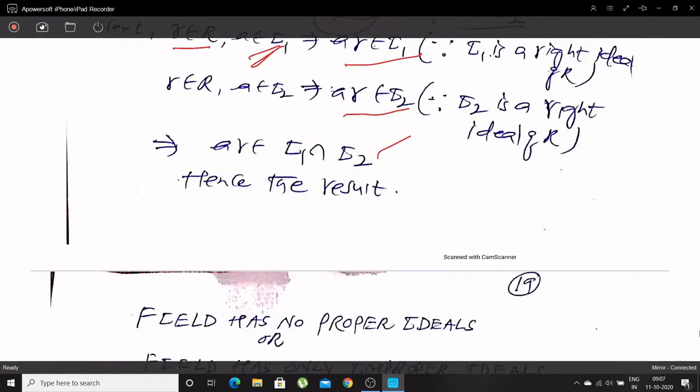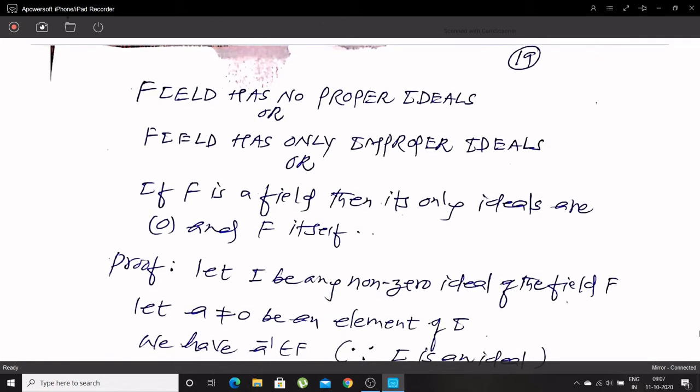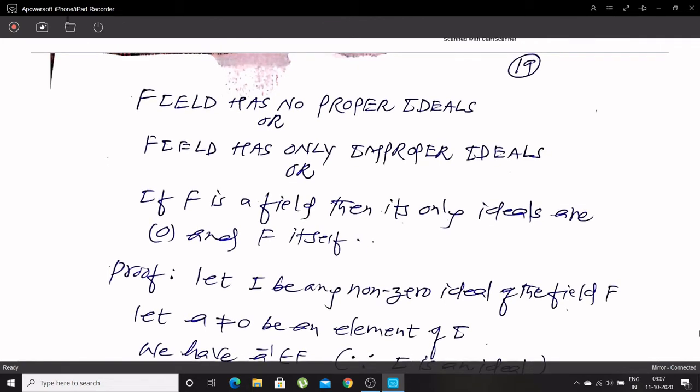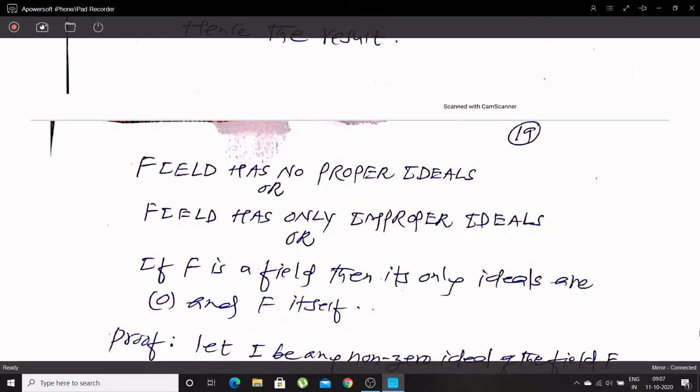Now I'll take another important result. A field has no proper ideals. You know the definition of a field. A field means a commutative ring with unity, and every non-zero element has a multiplicative inverse.